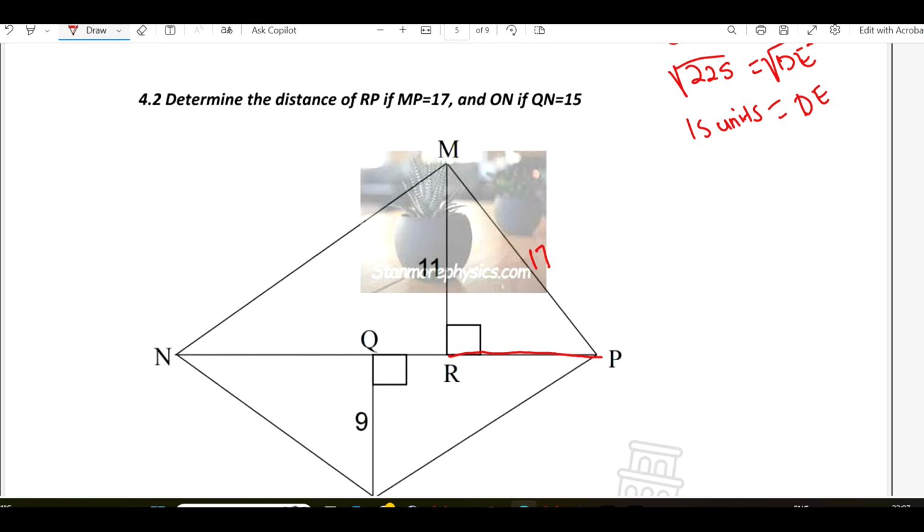guys, this is still Pythagoras. Okay, let's start with RP first before we can work out ON. So the longest side is going to be MP squared equals MR squared plus RP squared.